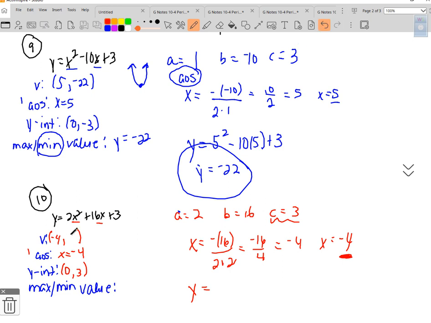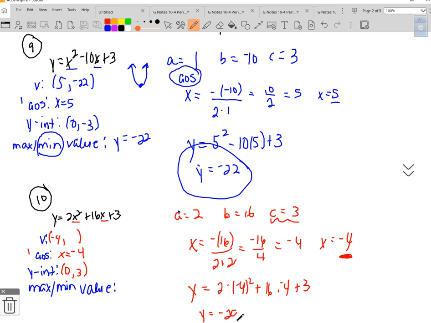So 2 times negative 4 squared plus 16 times negative 4 plus 3. So y equals 32 minus 64 is negative 32, plus 3, negative 29.